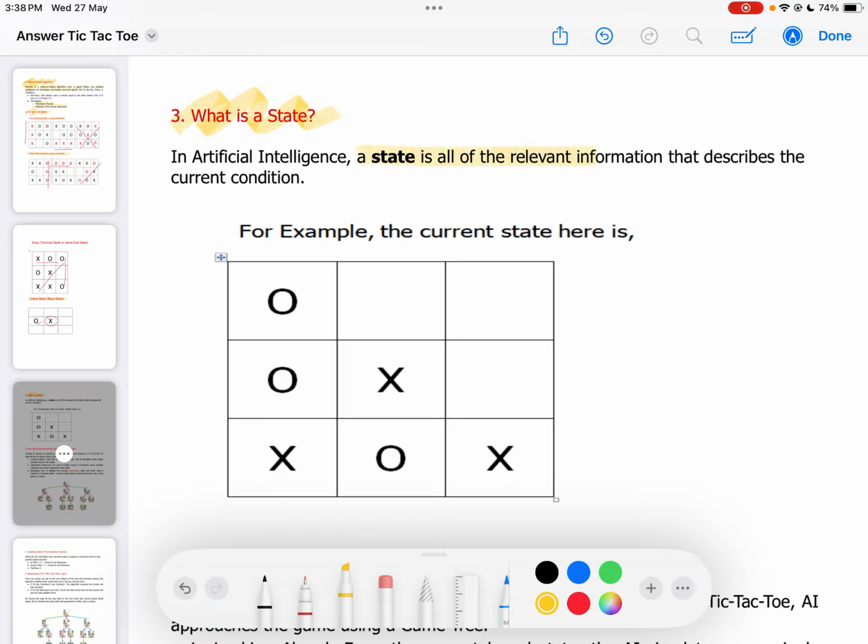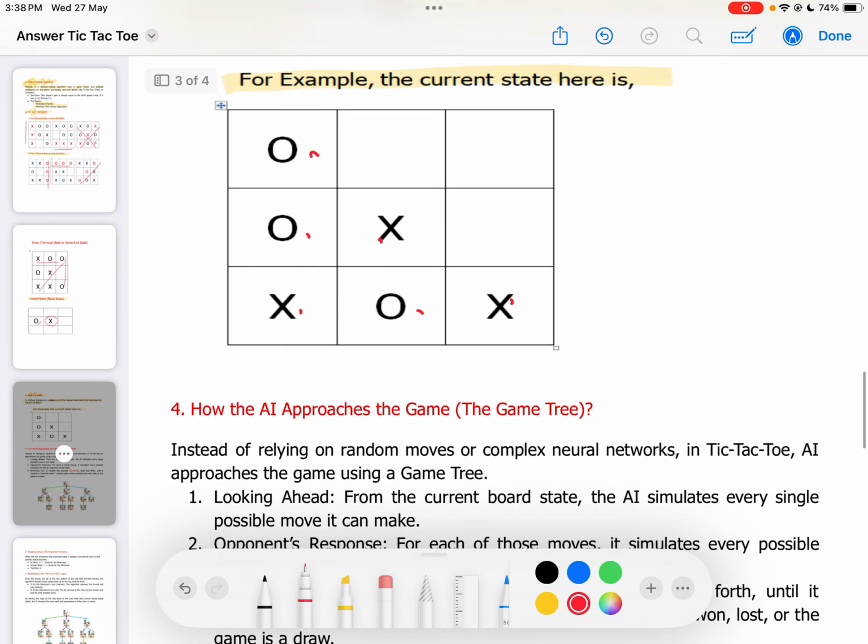The state is all the relevant information that describes the current condition. This is an example. The current state is where all the X's are placed and where all the O's are placed. This is an example I'm giving you.